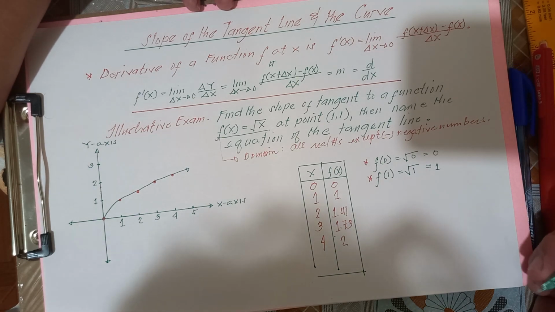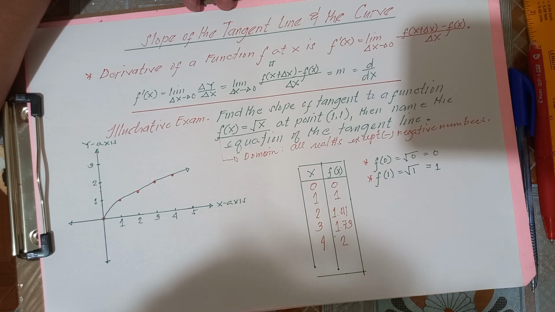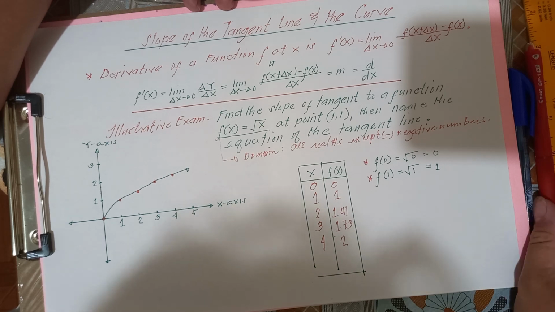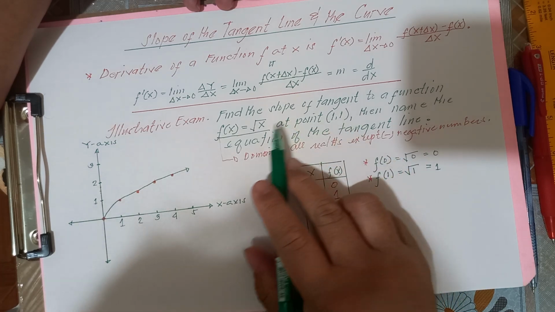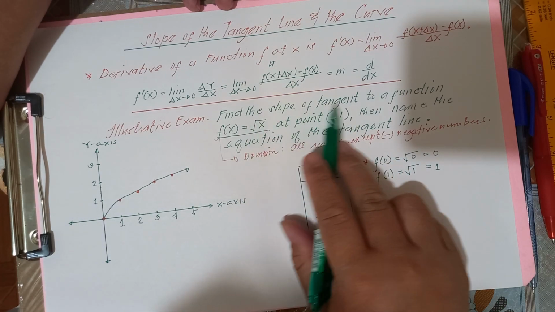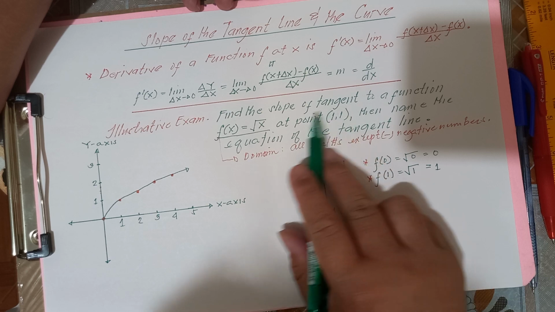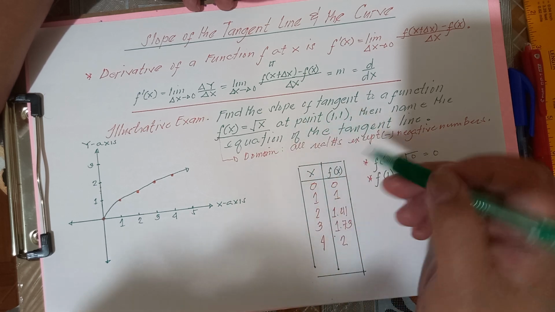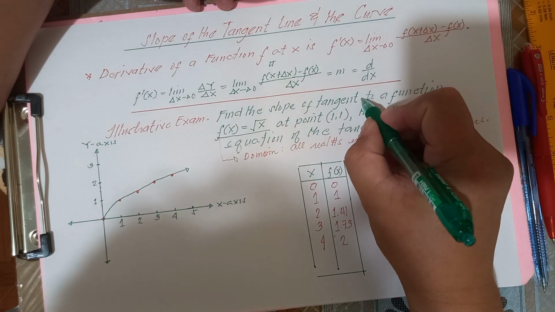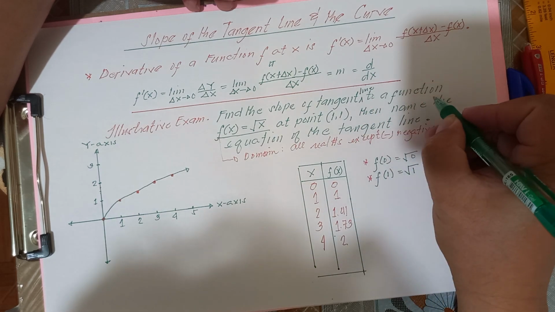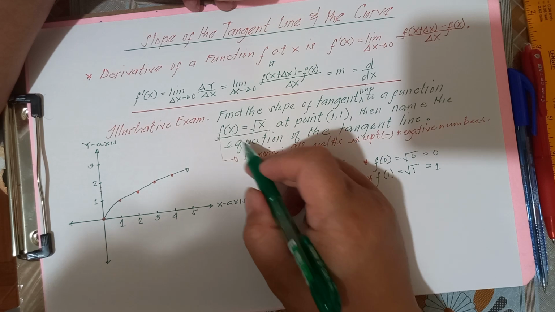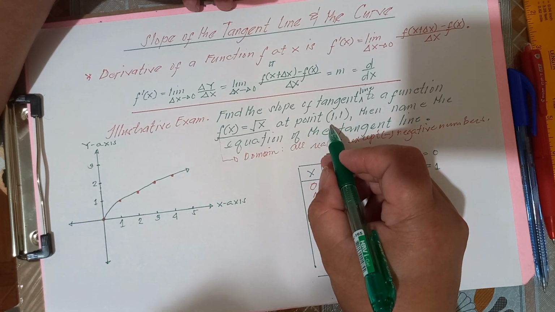Now the point of tangency is actually located. So notice that we are to find the slope of the tangent line to a function f of x at point 1, 1.